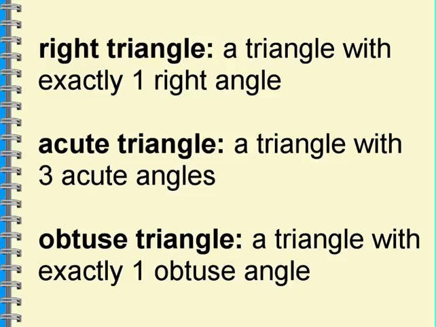An acute triangle is a triangle with three acute angles. And an obtuse triangle is a triangle with exactly one obtuse angle.